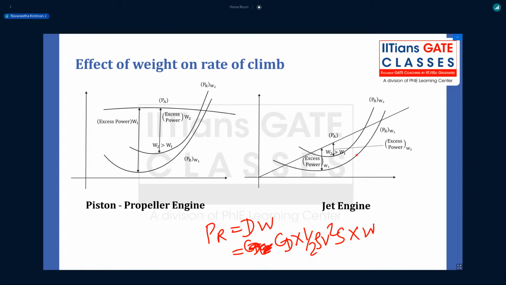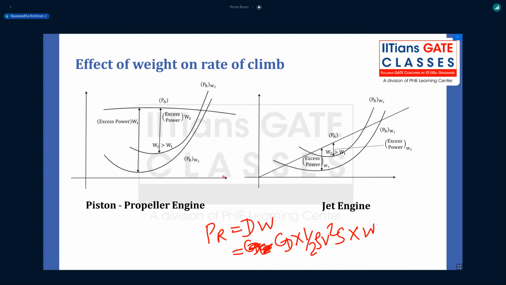As weight increases, your power required increases in both cases, for piston engine also and for jet engine also. Initially, when there was weight W1, the excess power was this much. As weight increased, excess power decreased in both cases.